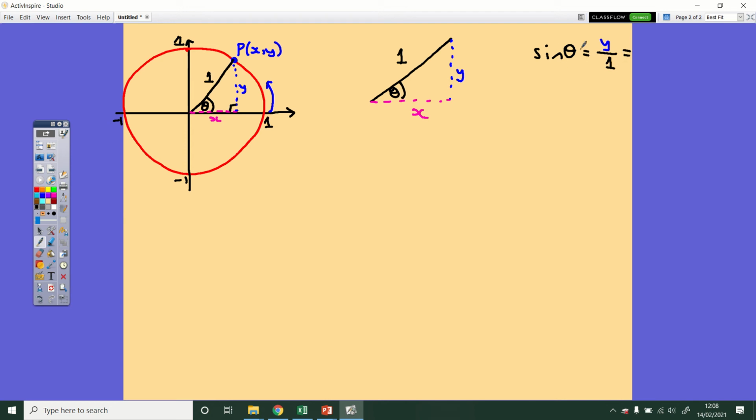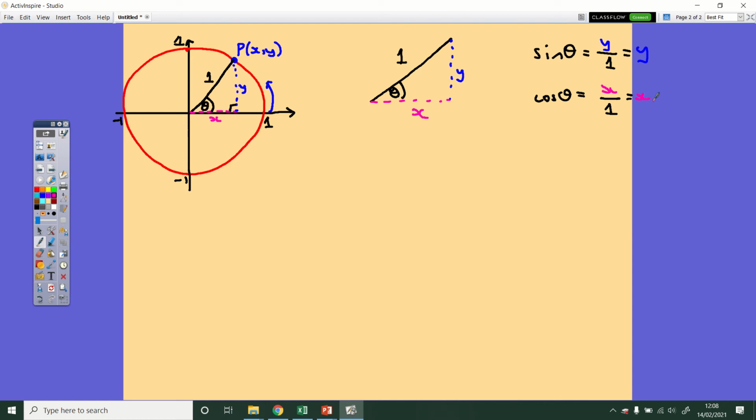So that's going to give me that sine theta equals y, which is the y coordinate that we're at. And in the same way, cos of theta is the adjacent side x over the hypotenuse 1, which is again just the x coordinate on its own.